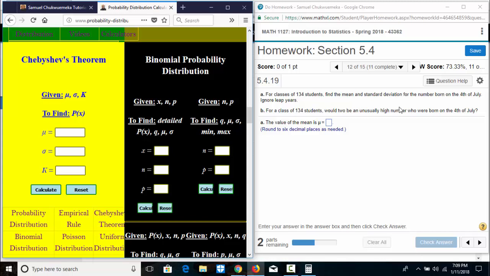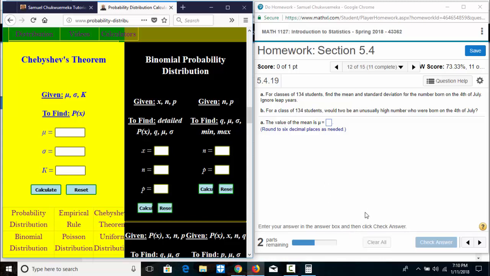That is 1 out of 365, because the 4th day of July occurs just once in a year, and the total number of days in a year is 365 days. They told us to ignore leap years, because in a leap year it will be 366. So in a normal year it's 365 days.